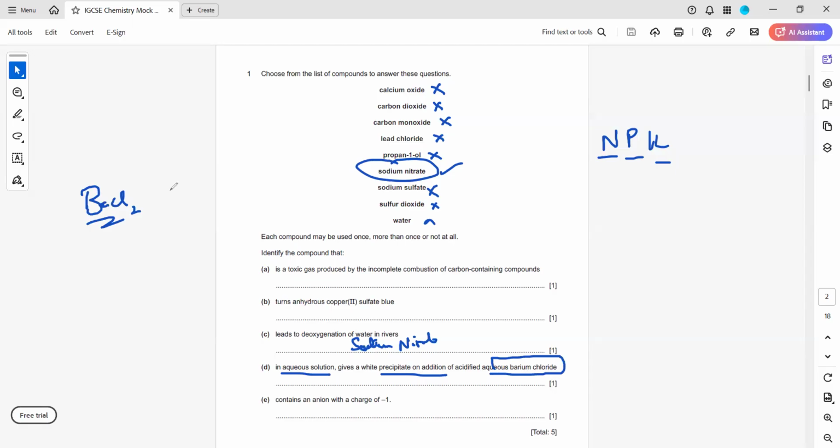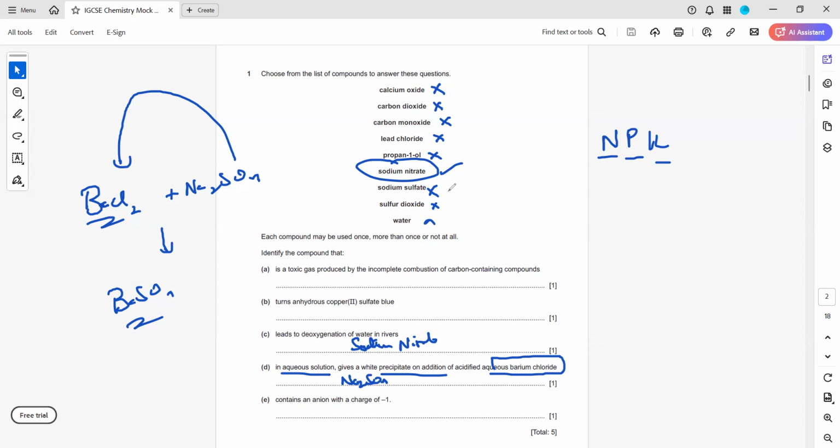It should be a sulfate. When sodium sulfate, Na2SO4, is added, the sulfate ion takes the position of the chloride ion. As a result, it will produce barium sulfate, and that barium sulfate is a white precipitate. So the compound should be sodium sulfate, Na2SO4.